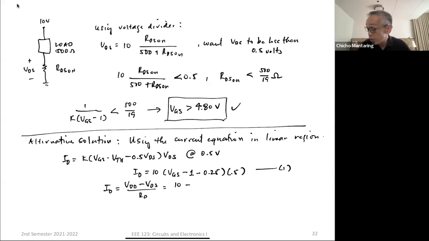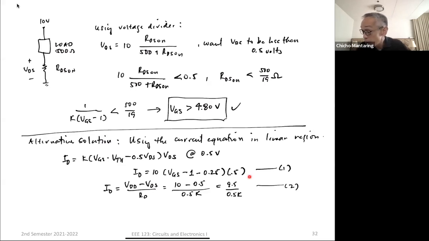That's 10 minus 0.5, that's VDS, over 0.5 K. When you're using mA, then you have to shift to K, because this is in milliamperes per volt squared, and therefore, just to be consistent, our resistances should be in kilo ohms. So this is now 9.5 over 0.5 K. This is my second equation.